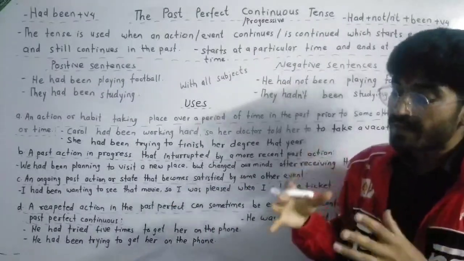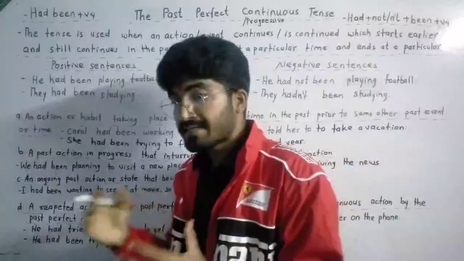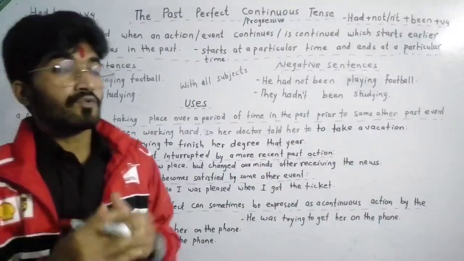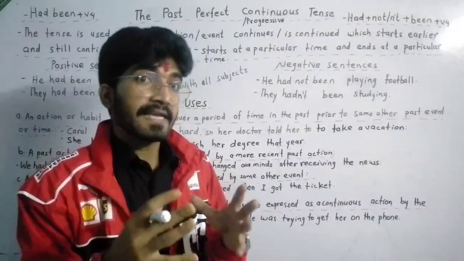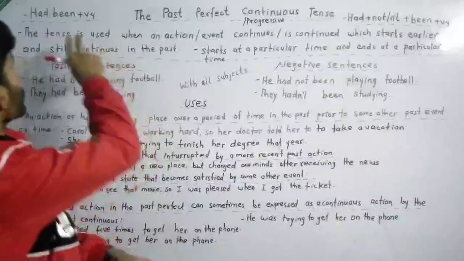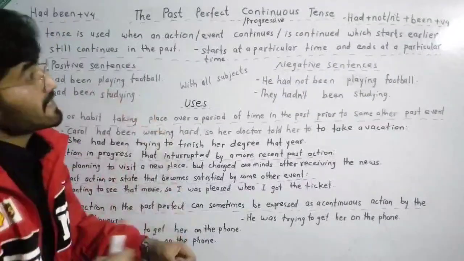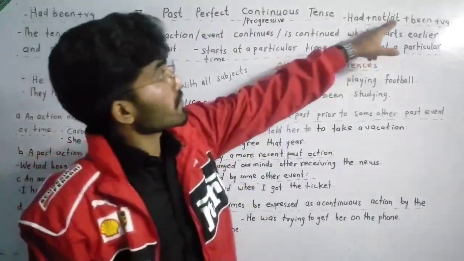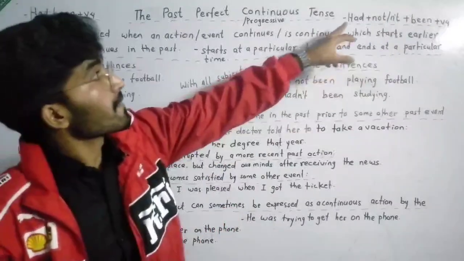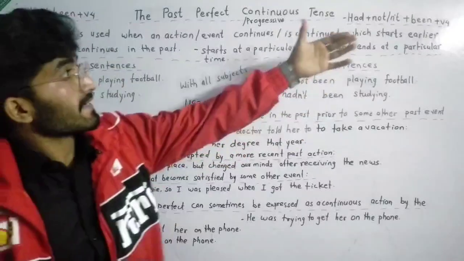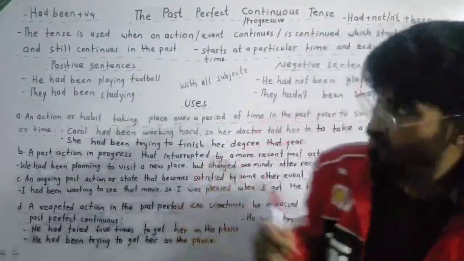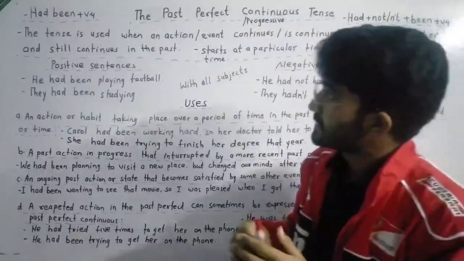While changing past perfect continuous sentences into negative sentences, we use either not or n't after the first helping verb, that is after had.